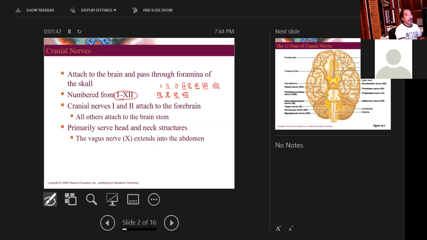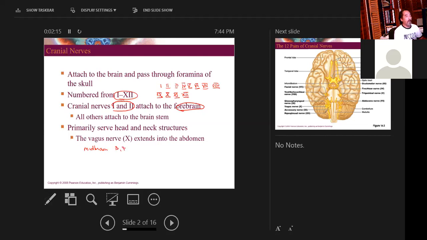The cranial nerves that are attached to the forebrain are only cranial nerves 1 and 2. The rest are attached at the brainstem. Again, this is one of the questions I'm going to be asking in your theoretical exam. I already lectured about this. I told you which cranial nerves are associated with what part of the brain. So, what does the midbrain have? Recall cranial nerves 3 and 4.